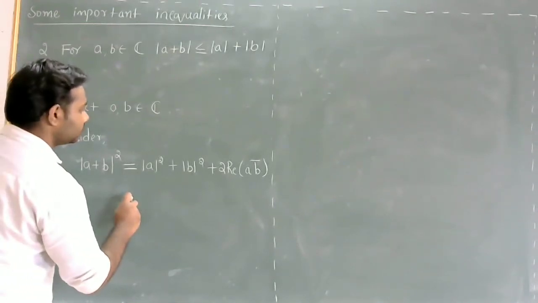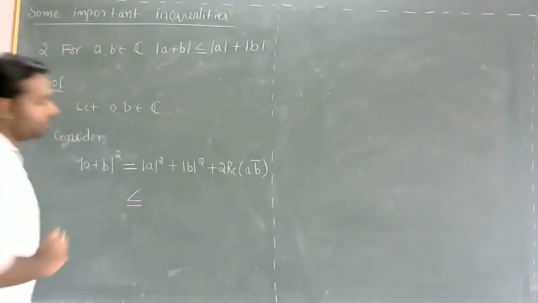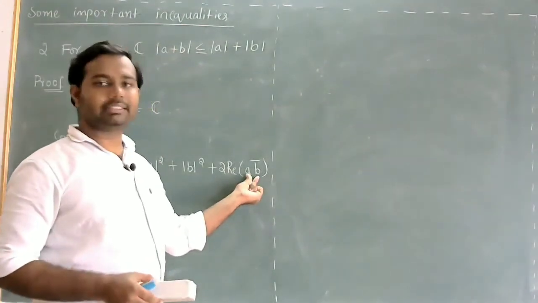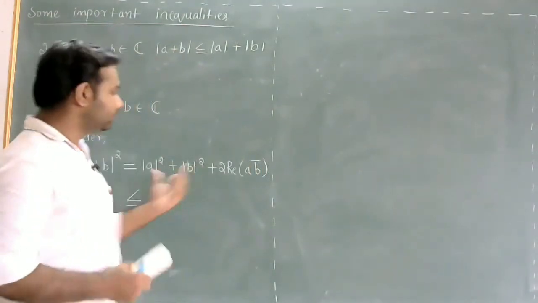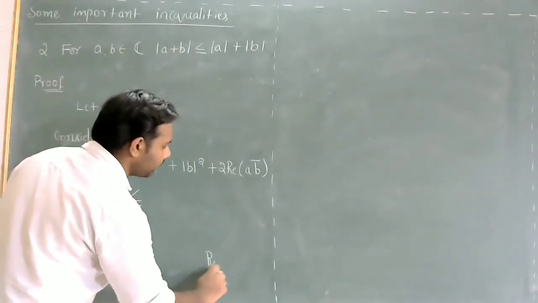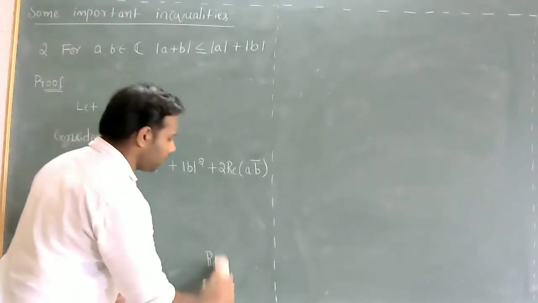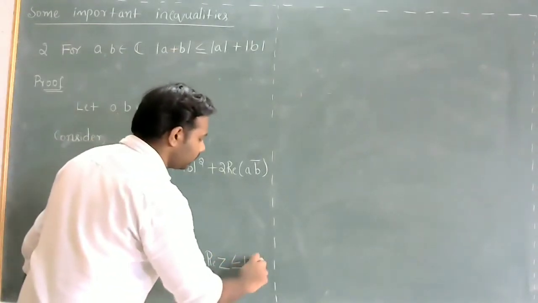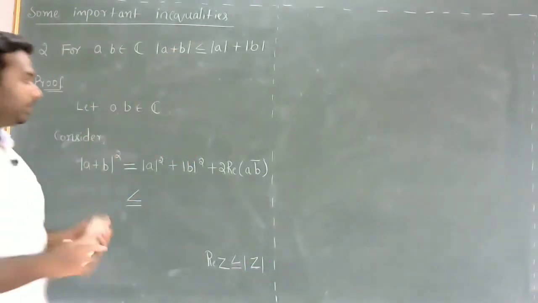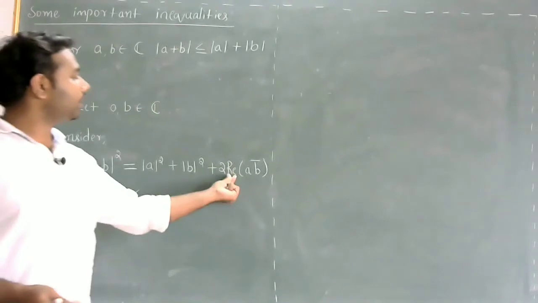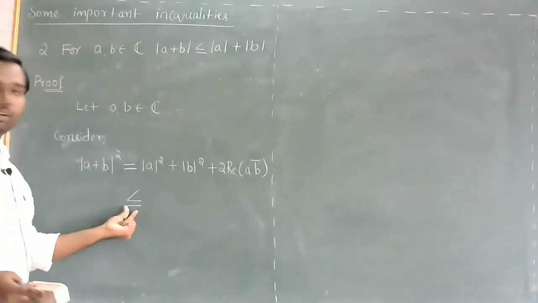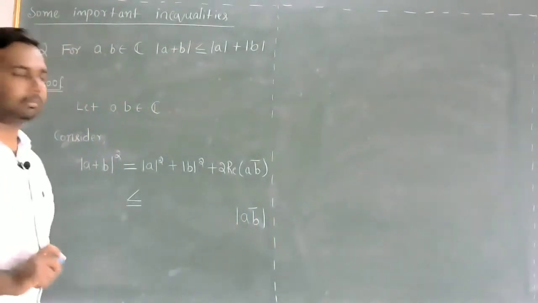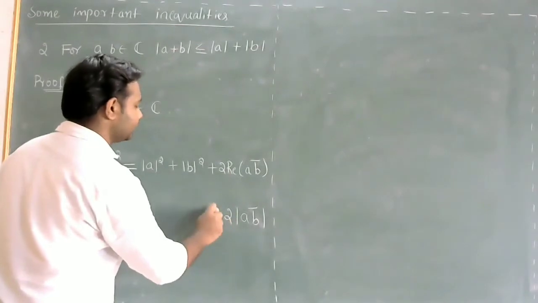Now this is less than or equal to, because this is a complex number A into B bar. Just now we have proved that real part of any complex number Z is less than or equal to modulus of Z. So if I use that, real part of A into B bar will be less than or equal to absolute value of that complex number, and rest of the things as it is.